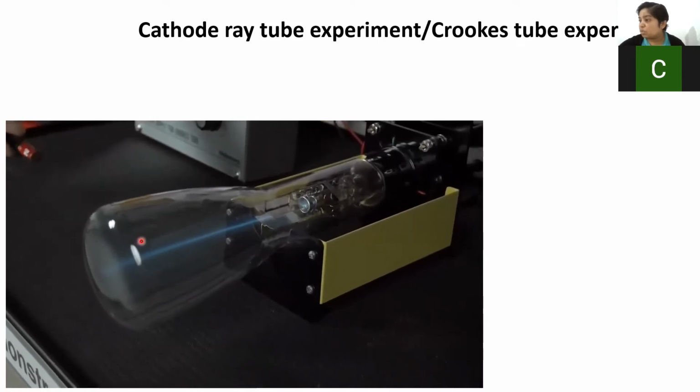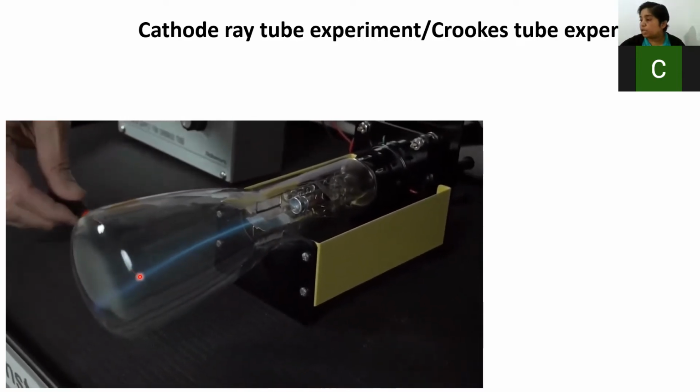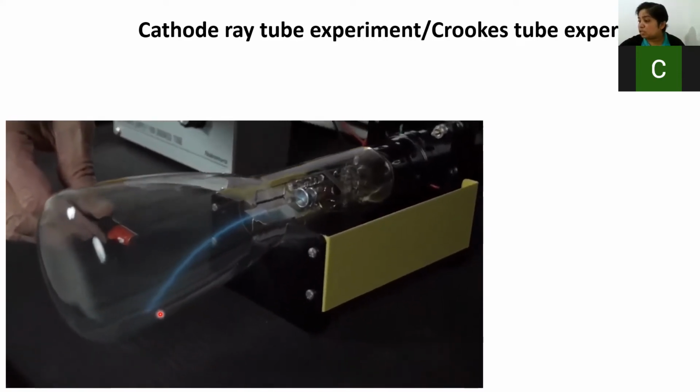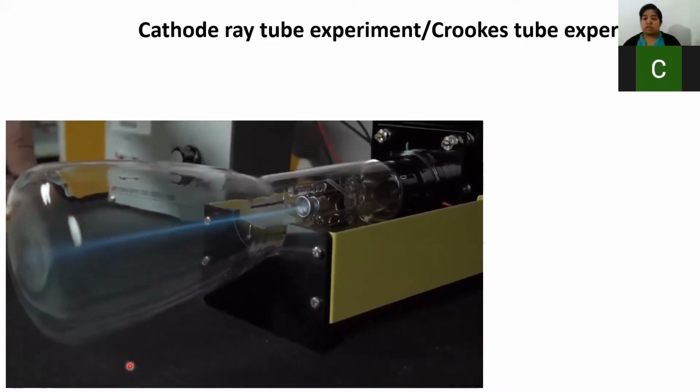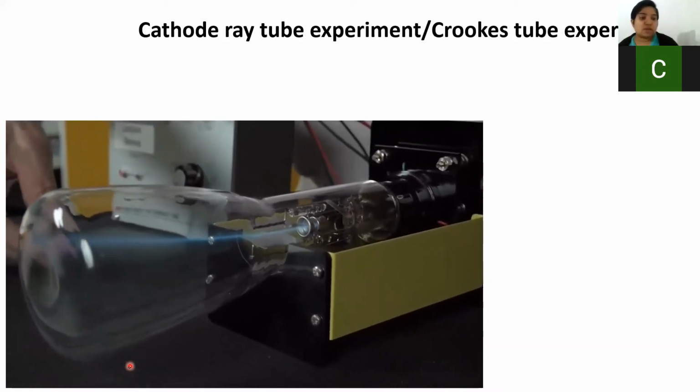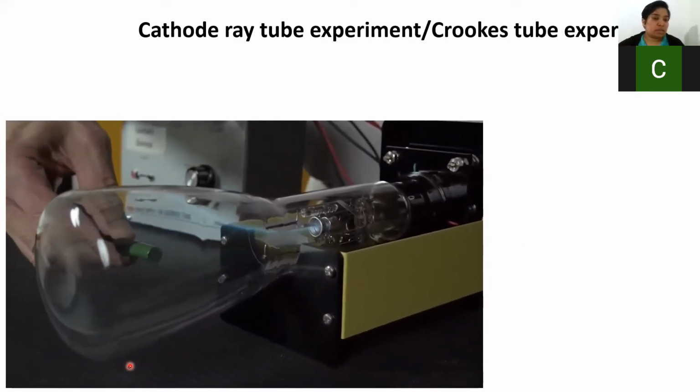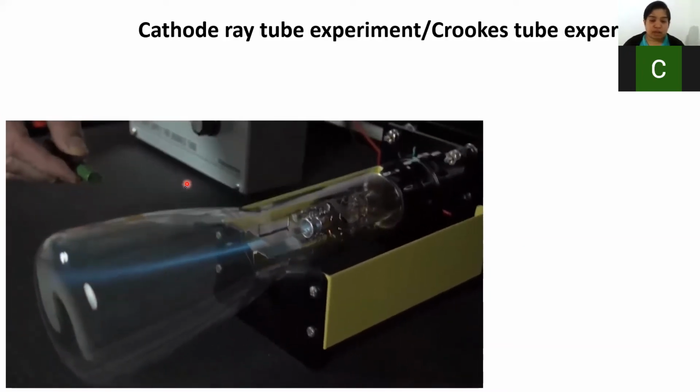So this is the beam. You're holding the magnet perpendicular, and the beam tilts, deflects towards a perpendicular angle, not towards or away from the magnet, a perpendicular angle.